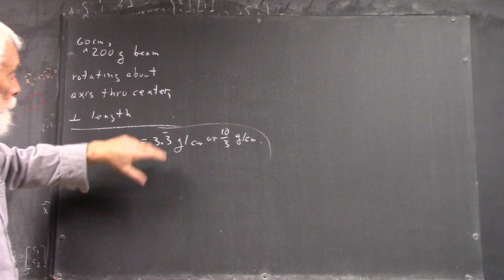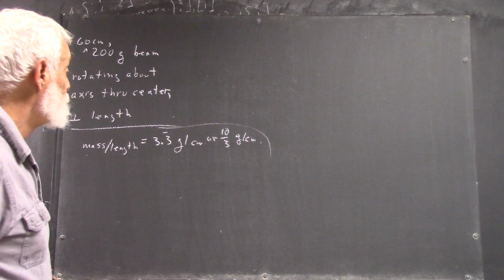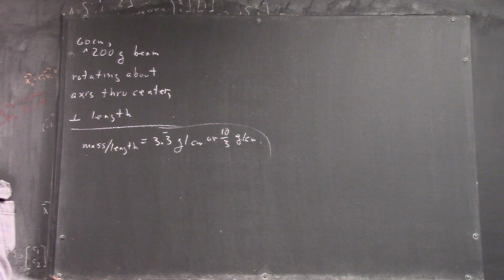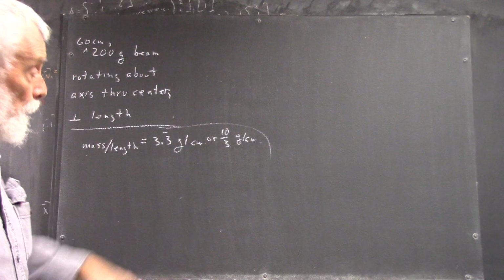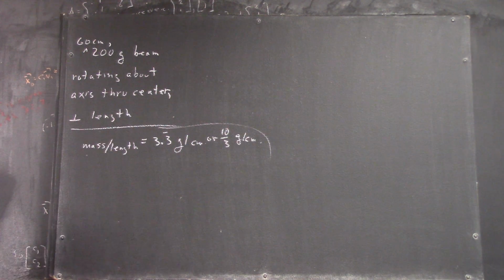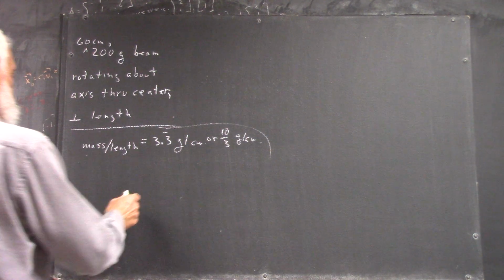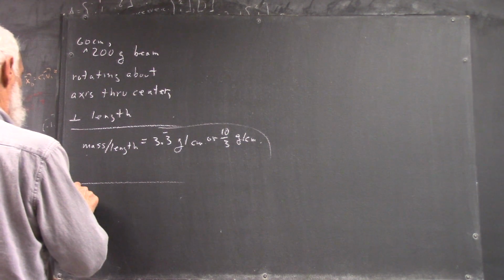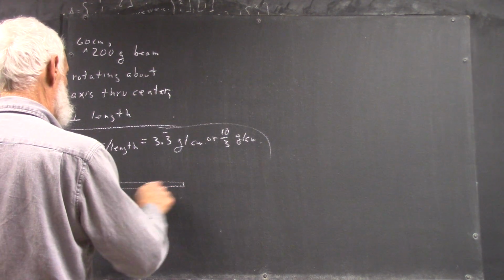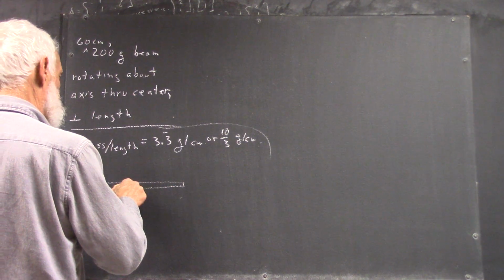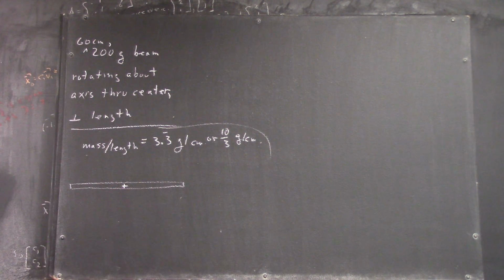We'll probably just round that off to 3.3 grams per centimeter just for simplicity, okay? Although 10/3 is not a difficult quantity to deal with. So here we have it. And here we have the axis of rotation, okay?